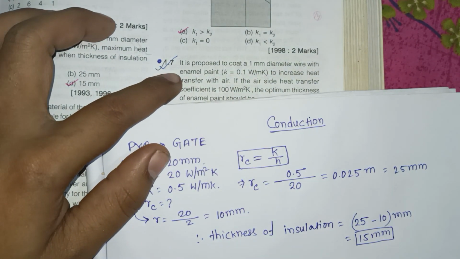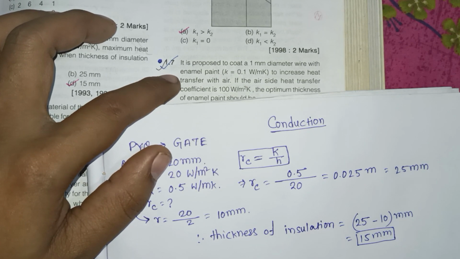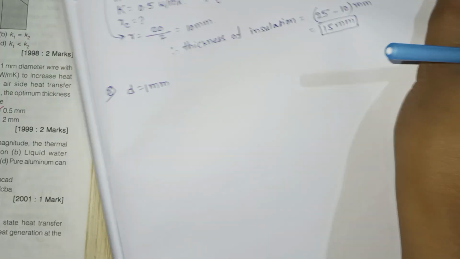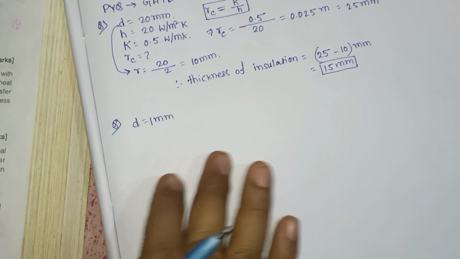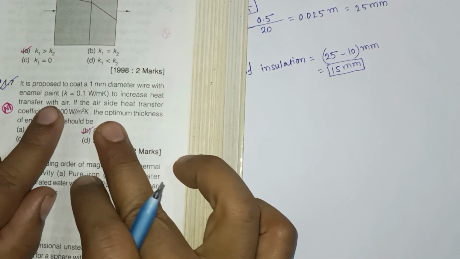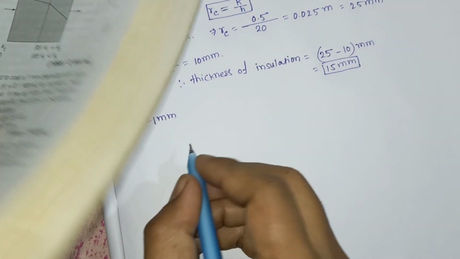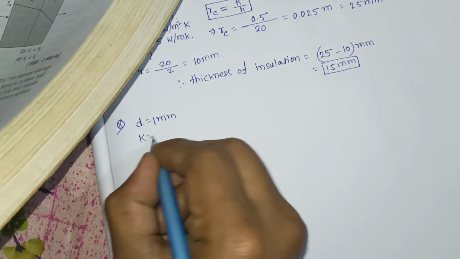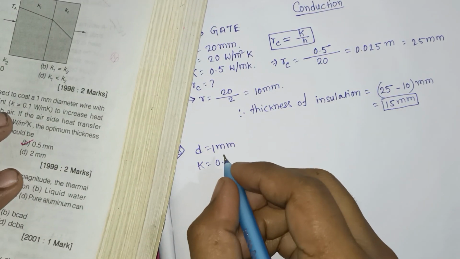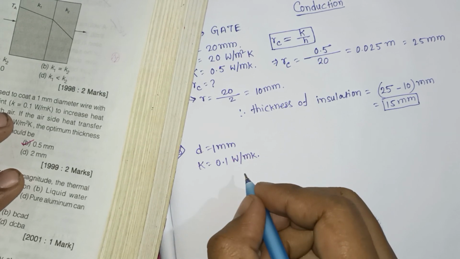Diameter is 1 millimeter. K equals 0.1 watt per meter Kelvin.